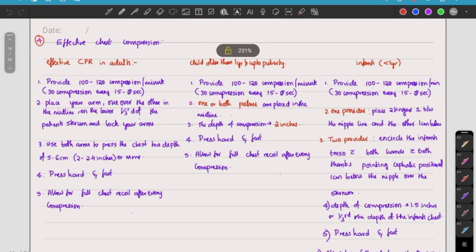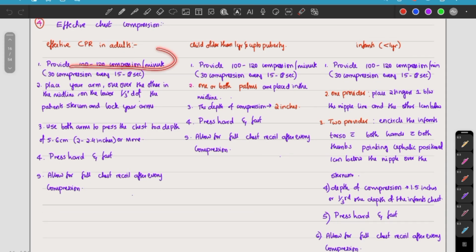Let's see in detail. Provide 100 to 120 compressions per minute. That means you have to give 30 compressions in every 15 to 18 seconds. In 15 seconds you give 30 compressions, whereas in 1 minute you give at least 100 to 120 compressions.